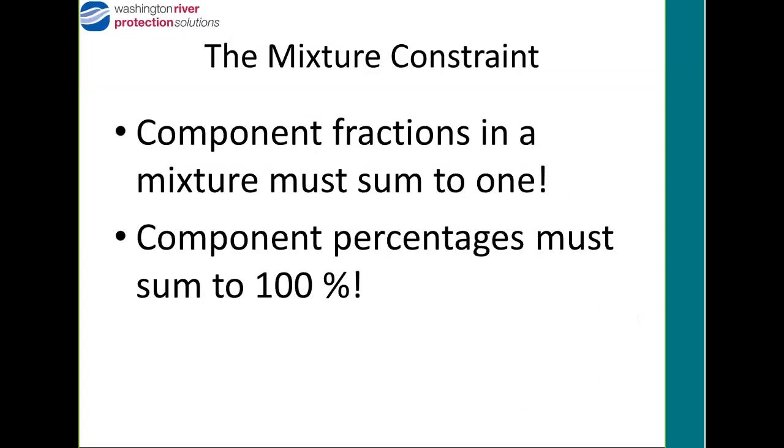One of the complicating factors that we have discovered in Hanford waste is what the mathematics community calls the mixture constraint, and that is that you have a mixture of components. The fractions of those components have to sum to 1, and switching to percentages doesn't relieve that constraint because percentages have to sum up to 100%.